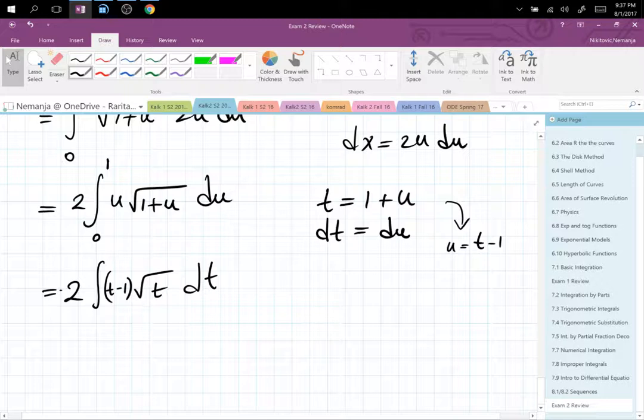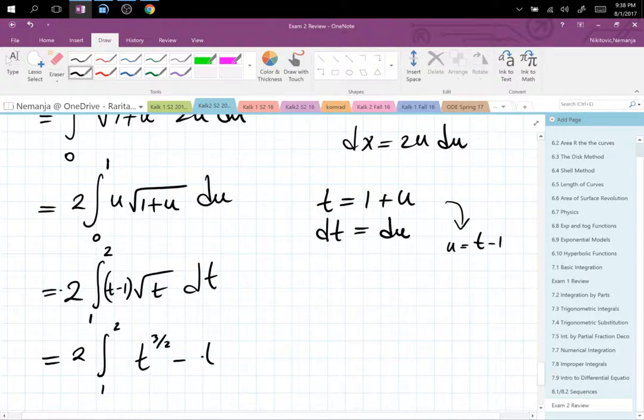This is a really crazy, cool problem. So this is 2. Oh, I forgot the limits. And the limits now are 1 to 2. We have the integral of t to the 3/2 minus t to the 1/2 dt, and now it's basic.